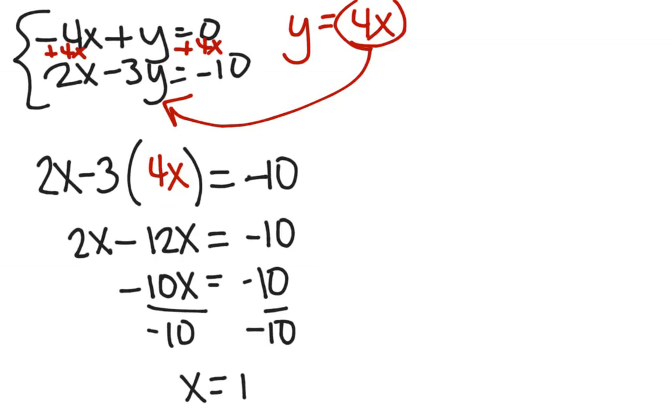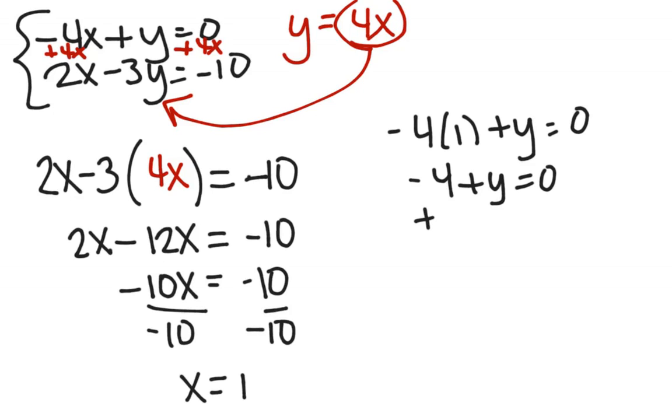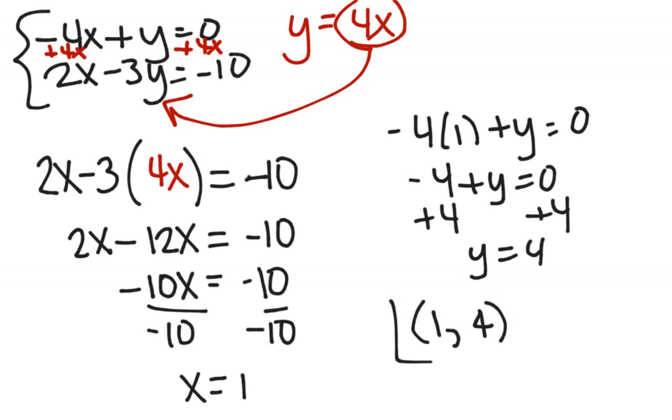Again, I know x, need to find y. Negative 4 times 1 plus y is equal to 0. Negative 4 plus y equals 0. And adding 4, we will find that y is equal to 4. In alphabetical order, x then y, so my solution is (1, 4). That concludes the screencast on solving a system of equations by substitution.